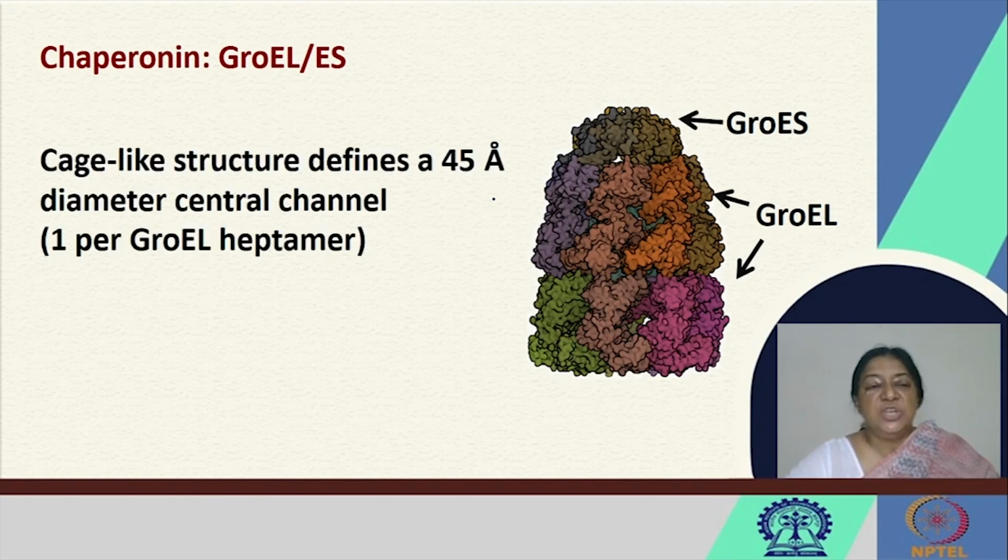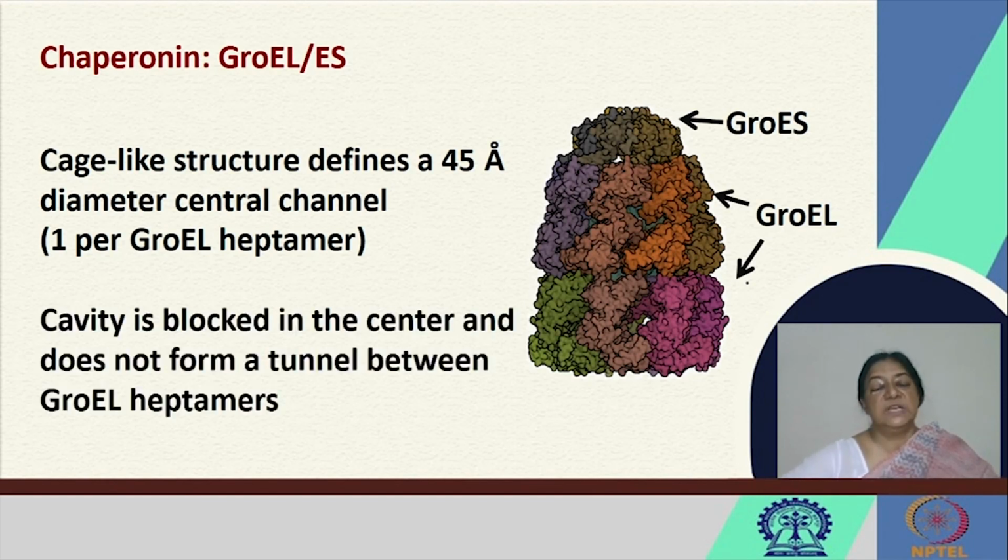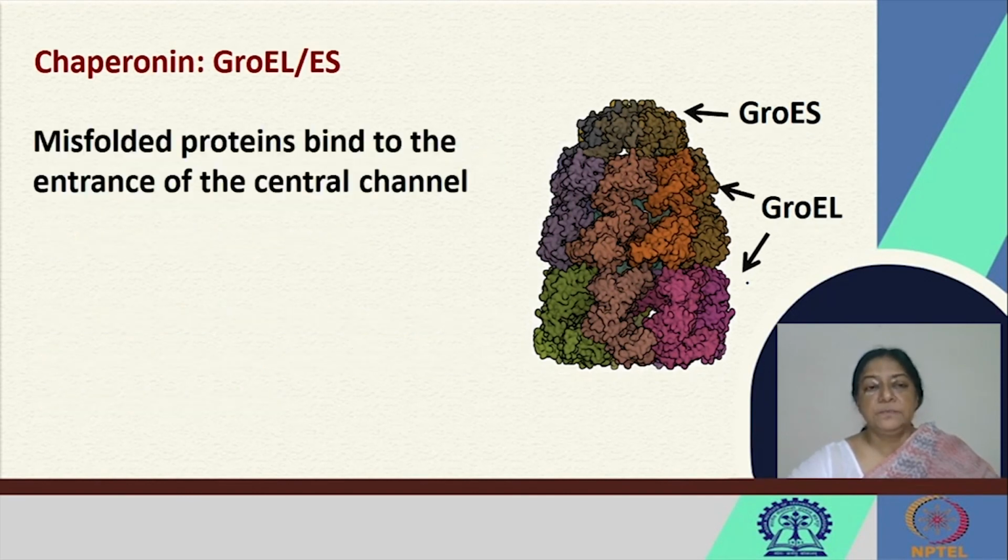So this cage-like structure defines a 45 angstrom diameter central channel. There is one per GroEL heptamer, the 7 subunits that we spoke about, and the cavity is blocked in the center and it does not form a tunnel between the separate GroEL heptamers.